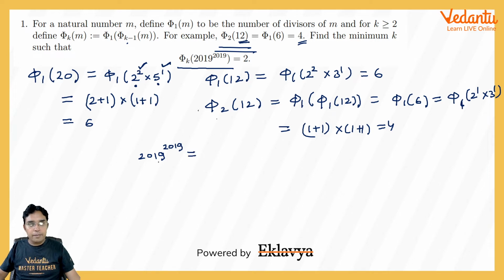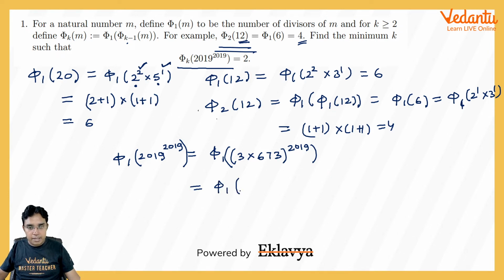For that we should first find the prime factorization of 2019, which is actually 3 into 673, and the whole power 2019. So I need to write this as 3 power 2019 into 673 raised to the power 2019.